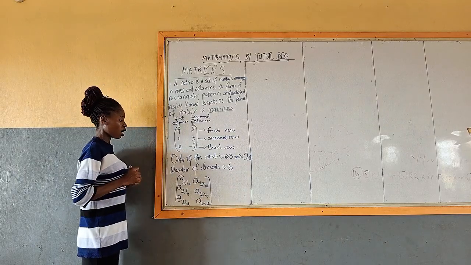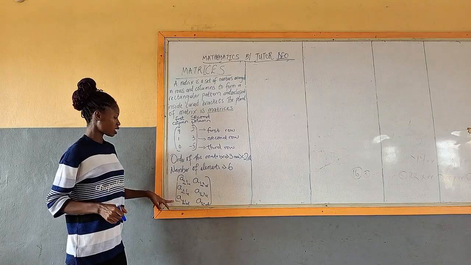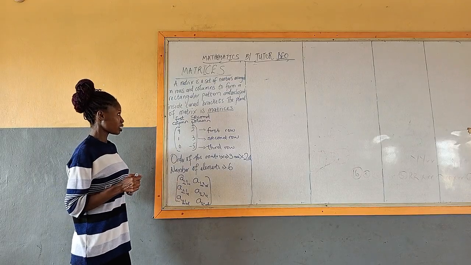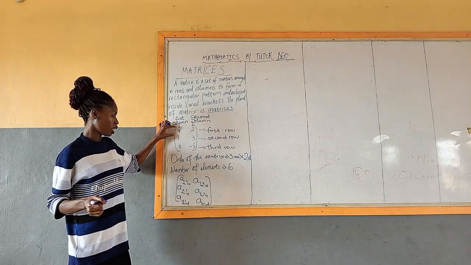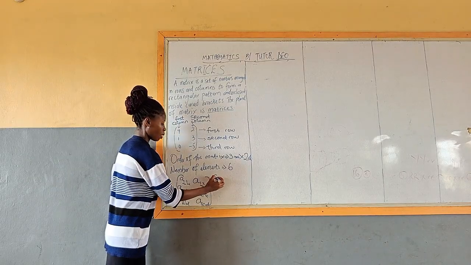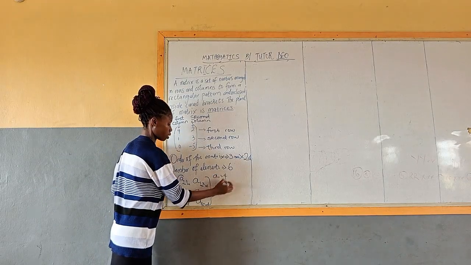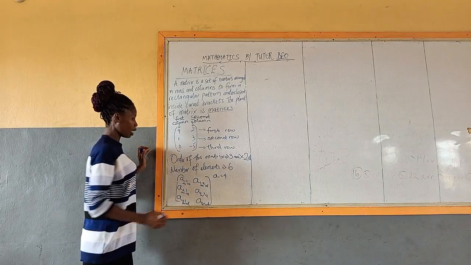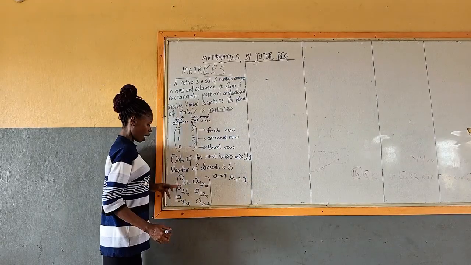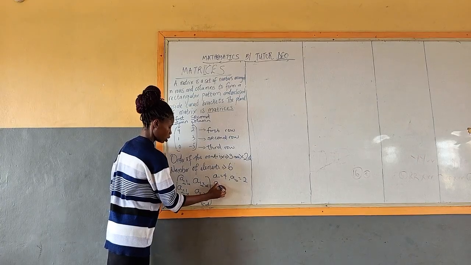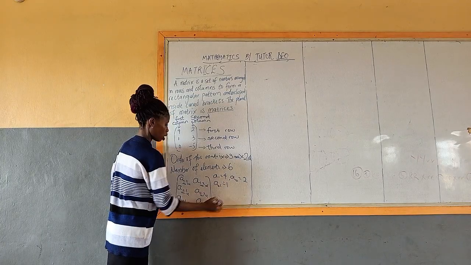So for us to write each of these elements, we now say that A11 is equal to 4. I believe you can see that. Our A11 is 4. Our A12 is 2. Our A21 is 1.